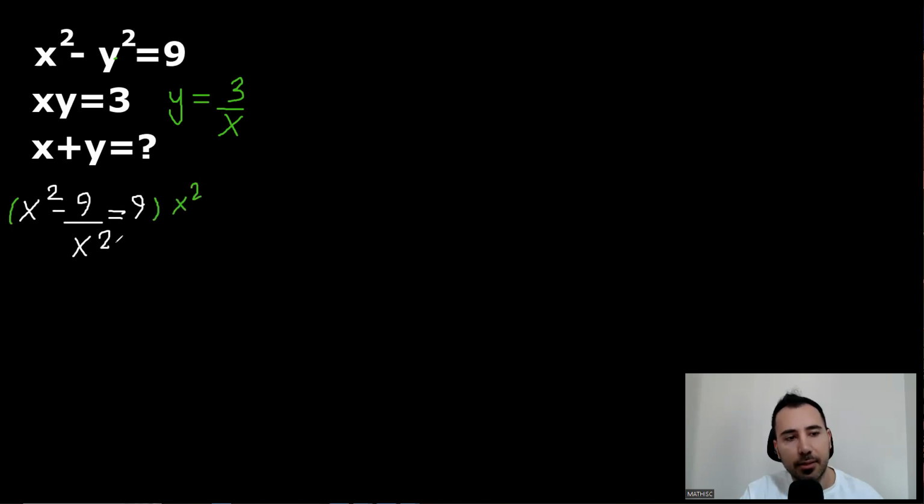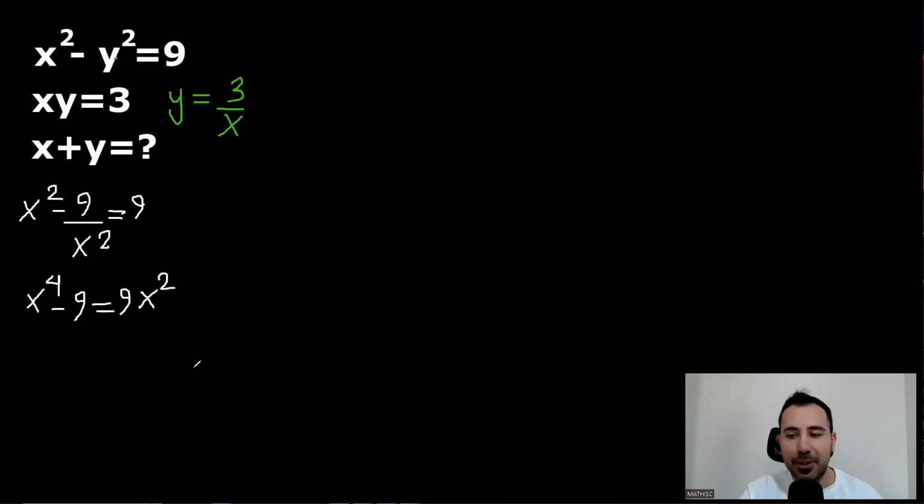If we do that, we will get rid of this x here, the denominator. So it would become x to the 4th power minus 9 equals 9x squared.